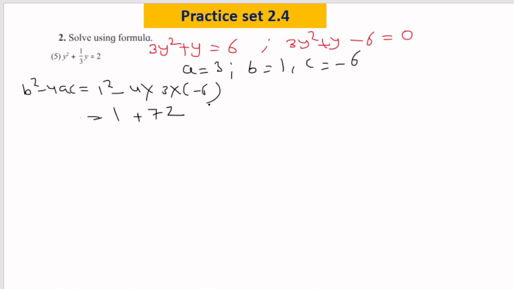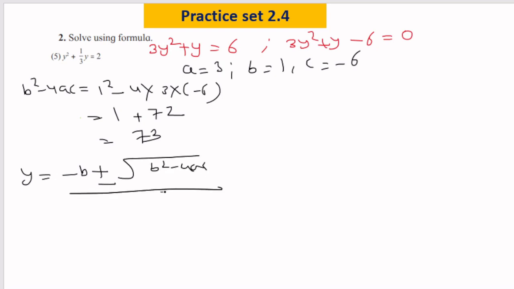Why plus 72? Minus into minus becomes plus. So this is 73. Now we have to get the factors. Now we have variable y, so we'll write y is equal to minus b plus minus square root of b square minus 4ac divided by 2a.